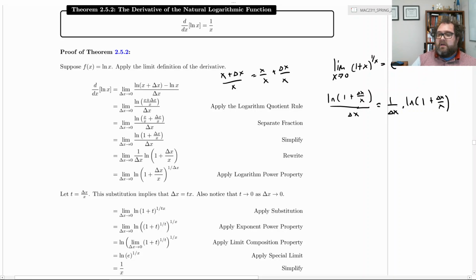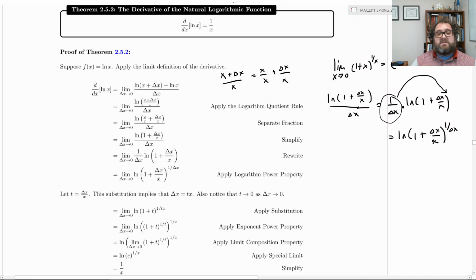All I've done is write it as the product of a fraction and that numerator instead of writing it in regular fraction form. Now, why am I doing this? Because remember the power rule for logarithms. If you have a scalar multiple out front, you can move that to the exponent of your argument. And we could say this is equal to natural log of 1 plus delta x over x, raised to the 1 over delta x power.